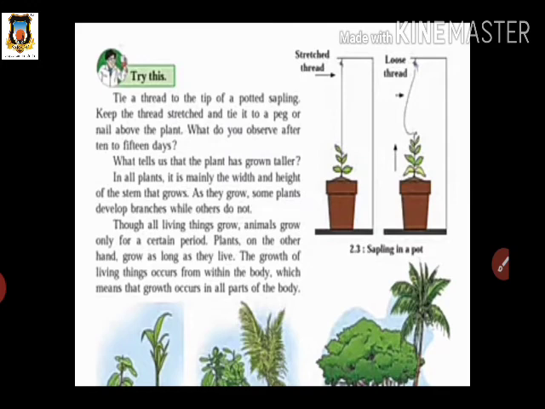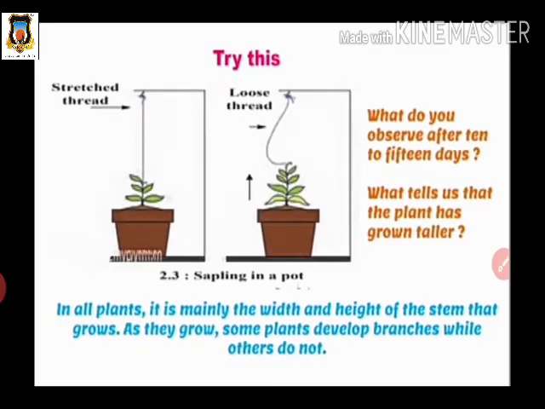Our height, and in some cases our weight, do not increase after a certain period of time, but our body parts, like our hair and our nails, keep increasing up to our death. So some parts of the body will grow, but some parts don't grow, they remain as they are, okay. In this way, growth is the most important characteristic of living things.